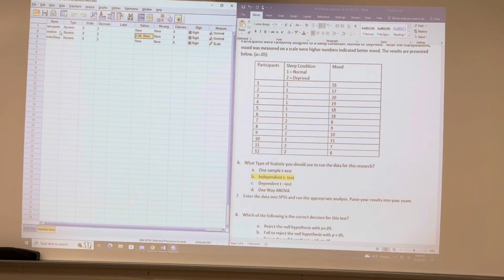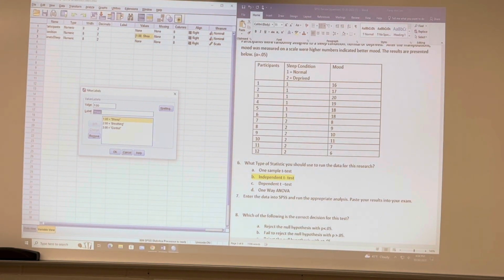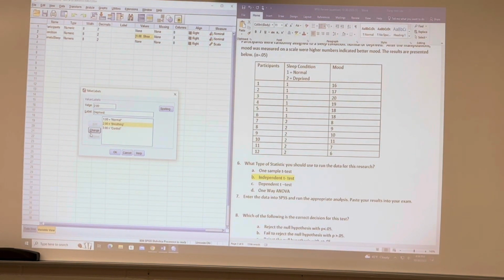For number 2, for condition, I change 1 to say normal, and change. I go to 2, change to deprived, and say change. Then I take 3 and say remove.